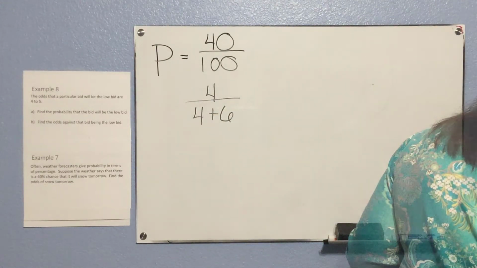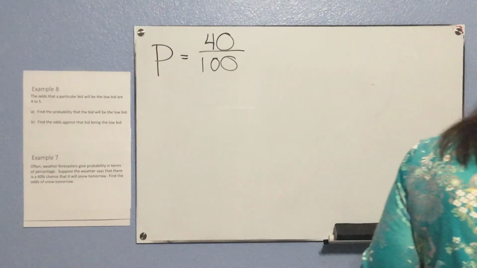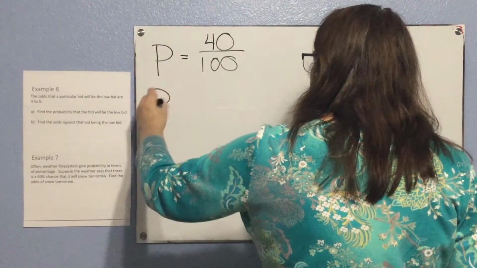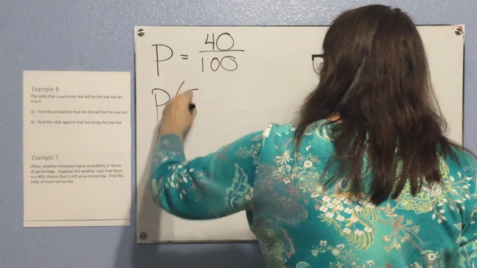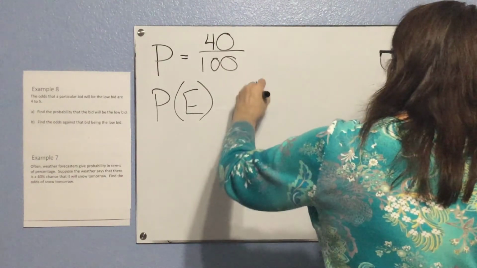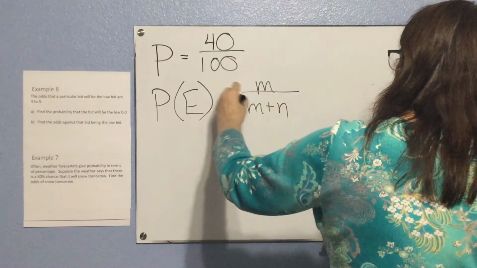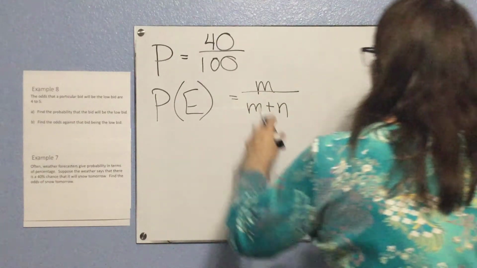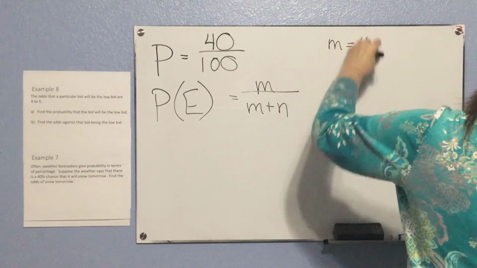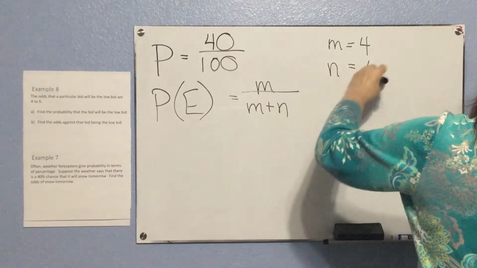And so if that's the probability for my odds in favor, we'll write it this way, m over m plus n. Well, this m was 4, so n must have been 6.